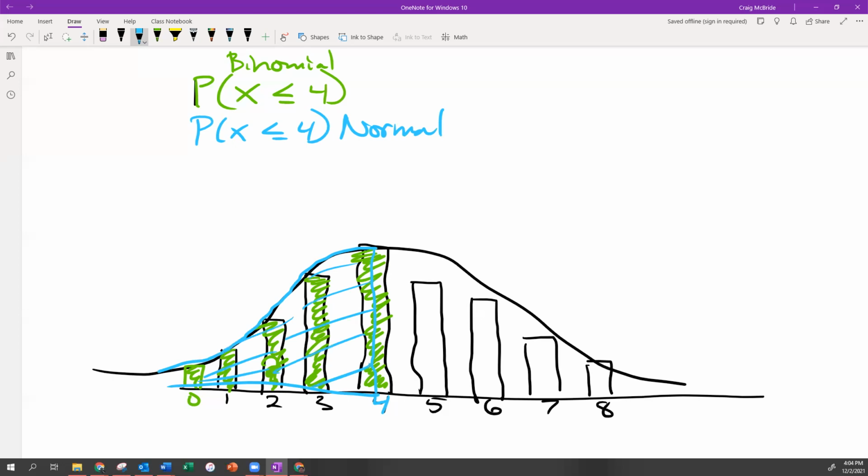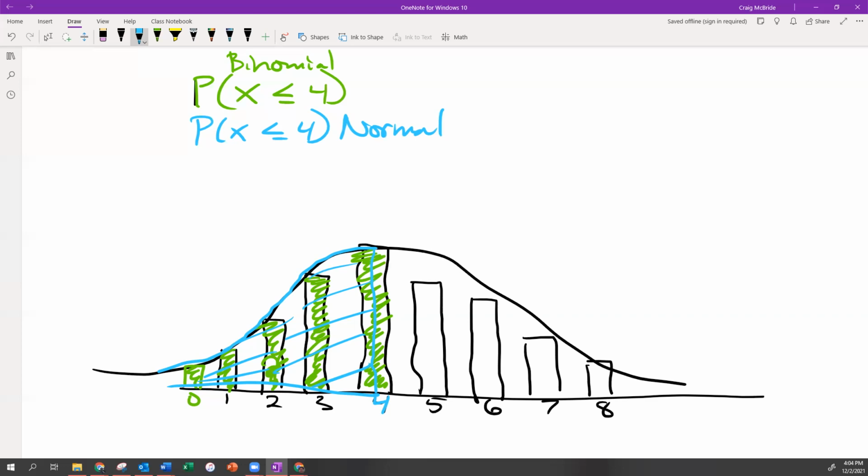And can you see that it misses half of the bar for 4? Because when we do normal probabilities, it finds the area under a curve in between two things, or less than something or greater than something. So in this case, less than 4 or greater than 4.